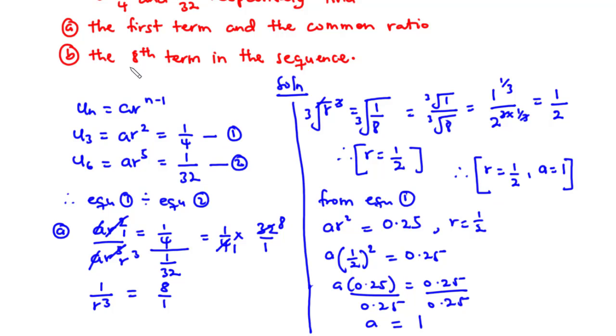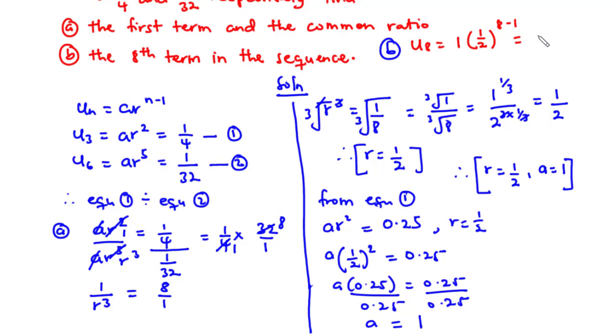Now let's find the 8th term of this sequence. So that is b. So the 8th term, we have u8 equals a is 1, and then we have r to be 1 over 2 exponent 8 minus 1.